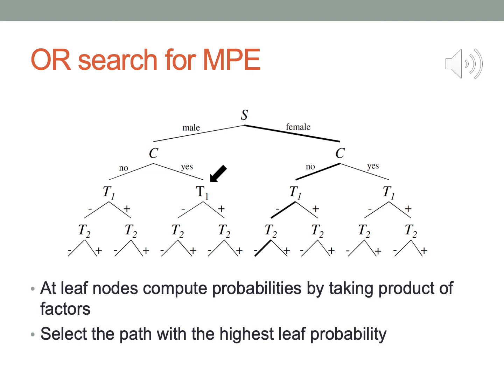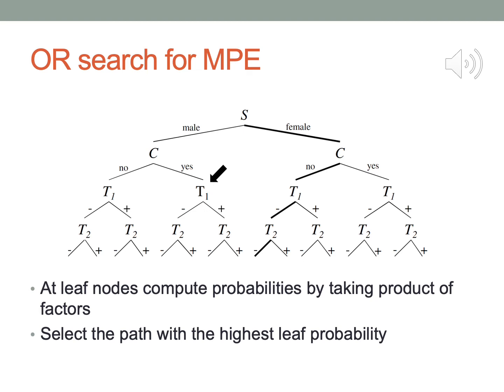And remember, this is the same as what we did for marginal inference or for computing probability of evidence, where we first discussed elimination based algorithms for solving the problem, and then we looked at search based algorithms for solving the problem, and then we saw the relationship between the two, right? So right now I have already presented the elimination based algorithm, and we are looking at the search based algorithm. So the naive search based algorithm is very straightforward.